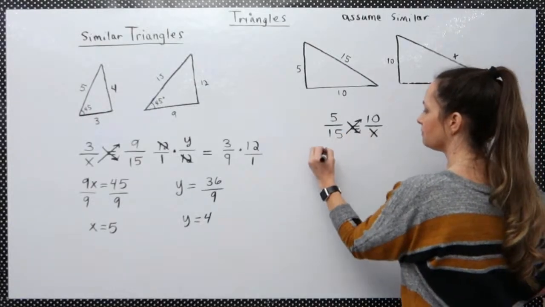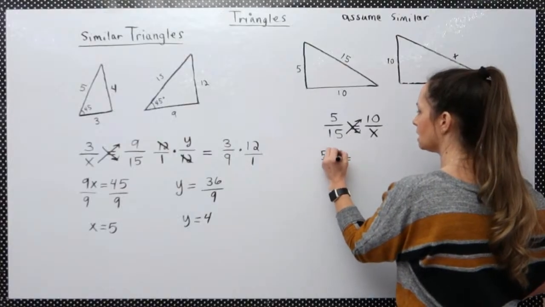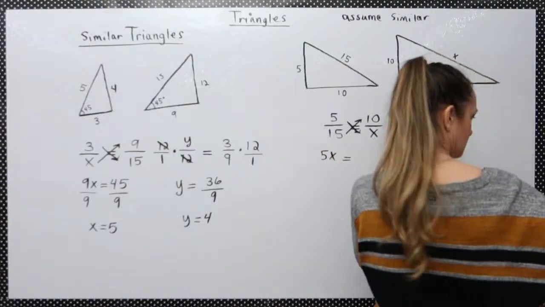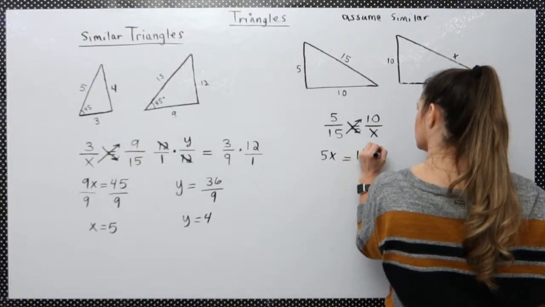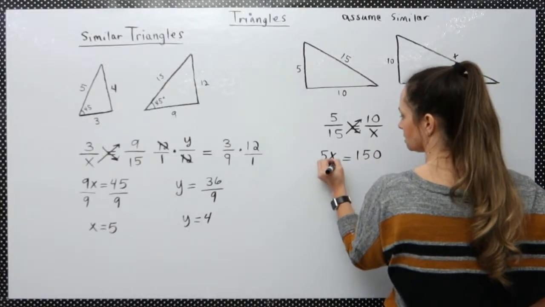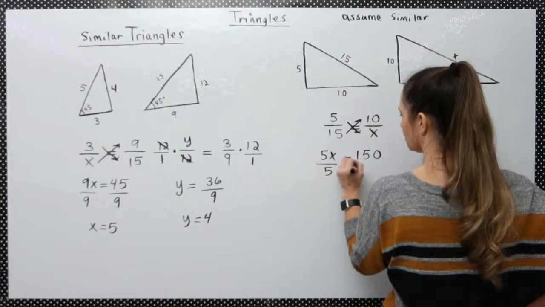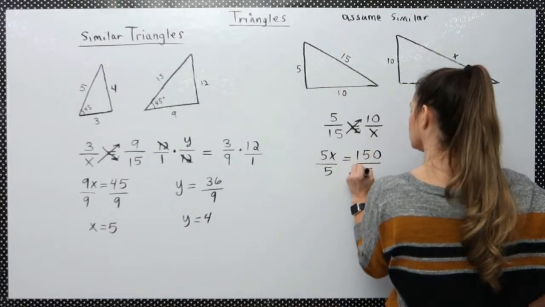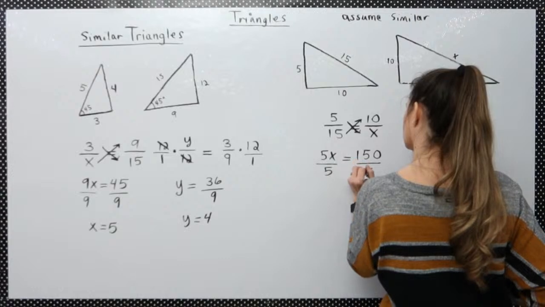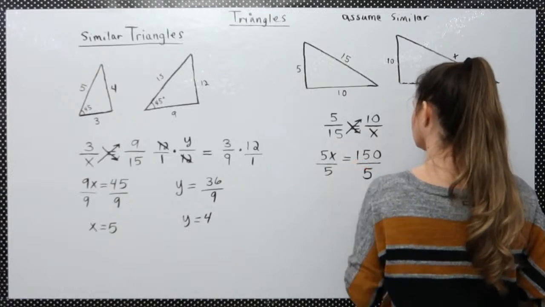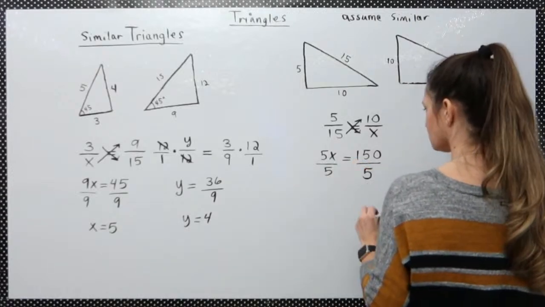So that will be 5X, and then 15 times 10 is 150. And then just divide off 5. How many times is 5? 30 times?